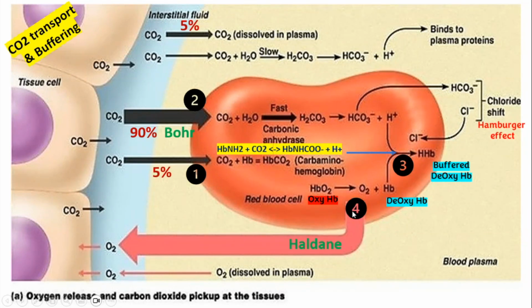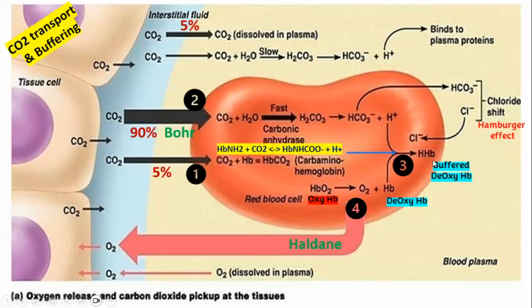So Haldane effect. Haldane effect is oxygen unloading favors more CO2 loading, and the CO2 loading will cause this buffering effect again. So the H plus that is liberated from the carbonic acid reaction and the carbamino hemoglobin will combine with deoxyhemoglobin, becoming buffered deoxyhemoglobin.